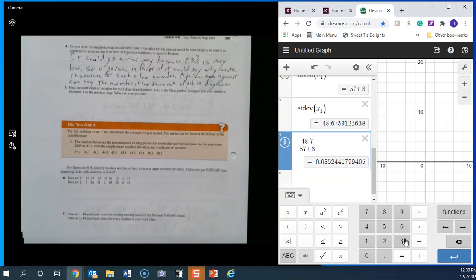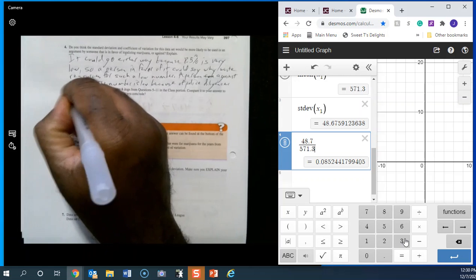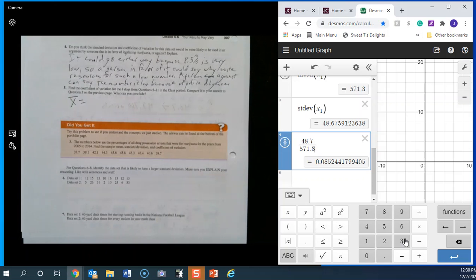So number 5, it says find the coefficient of variation for the 8 dogs from questions 5 through 11 in the class portion. Compare it to your answer to question 3 on the previous page. What can you conclude? Now, basically, if we look here, as far as the mean is concerned, this is actually the second picture.